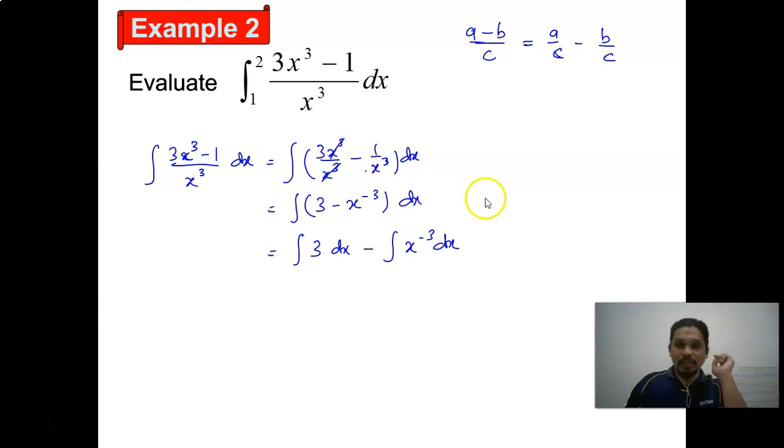We may integrate the function starting from here, but it's okay if I separate it into two, might be clearer. So the integral of this is 3x minus, and for x to the power of negative 3, for integration the index will be plus 1, so it comes out with x to the negative 2 divided by negative 2.